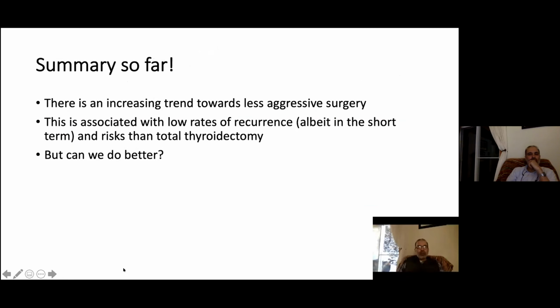So what I have illustrated so far is that there has been an increasing trend toward less aggressive surgery. Despite that, we haven't seen a marked increase in recurrence, and certainly there has been a low rate of complications.